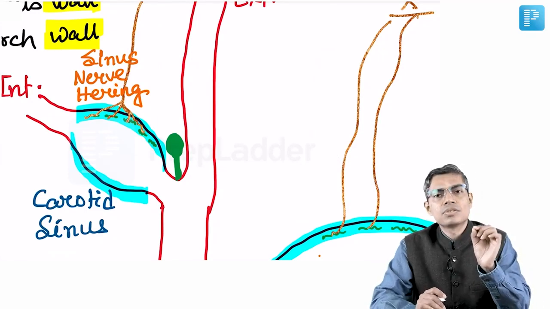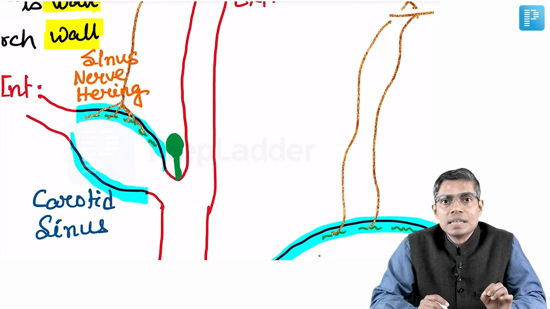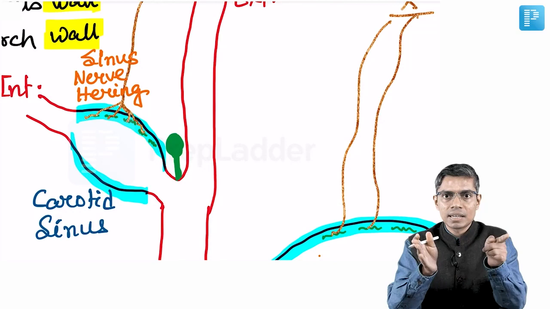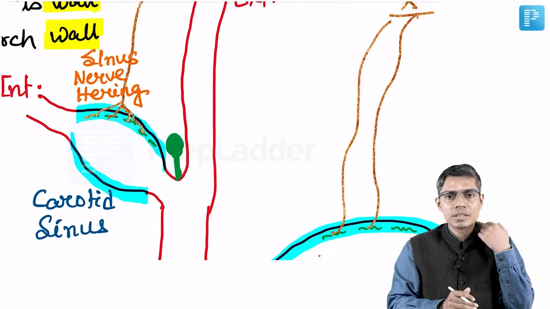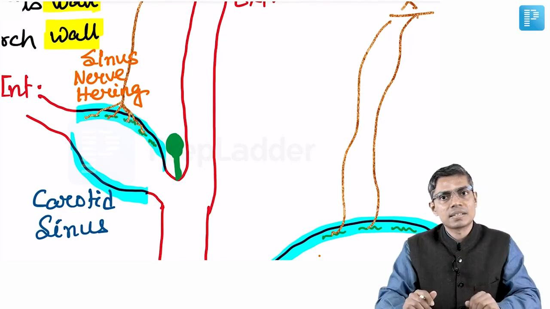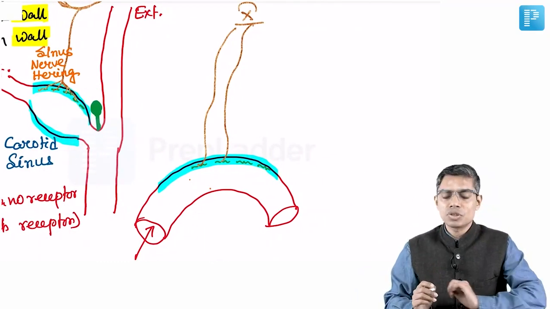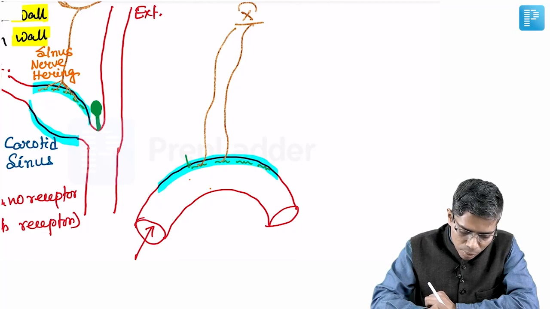This tissue is known as the carotid body. One carotid body is there on the right side where the internal and external carotid divide, and another carotid body is there on the left side where the internal and external divide. Similarly, at the level of the arch of the aorta, there are bodies also. These are known as the aortic bodies.